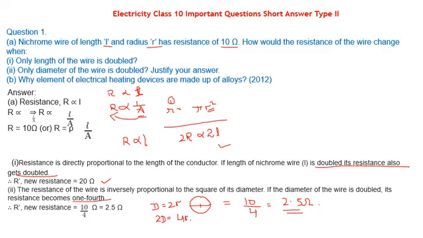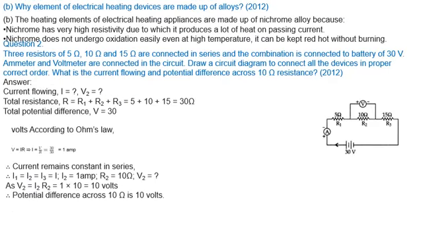Okay. Elements of electric heating devices are made up of alloys. This is the B part of the last question. Why nichrome? We are selecting nichrome because it has high resistivity, due to which it produces a large amount of heat.